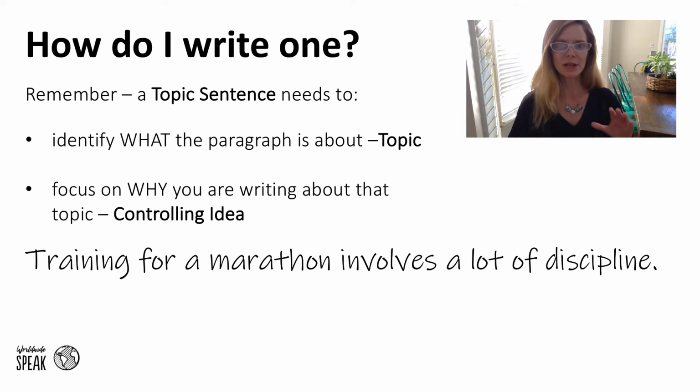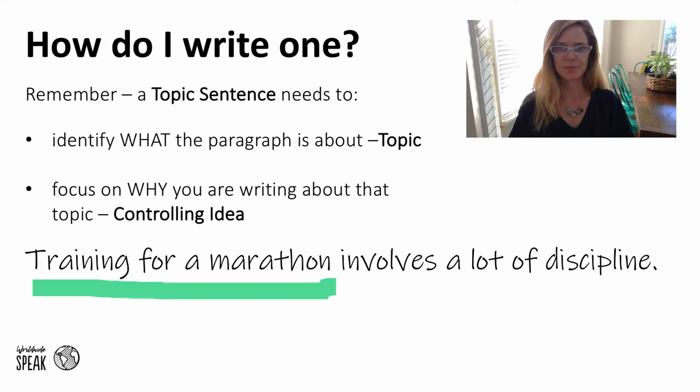So why don't we take a look at this example topic sentence? It reads, training for a marathon involves a lot of discipline. Well, what do you think my topic is? Training for a marathon is my topic. It's a big topic.